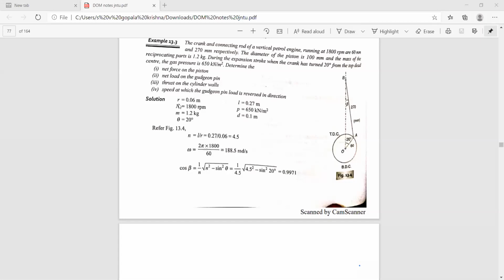Crank radius 0.06 meters, length of connecting rod 0.27 meters, speed 1800 rpm, P is the gas pressure, 650 kilonewton per meter square, m is 1.2 kg, and D is the diameter of the piston 0.1 meter, and theta is 20 degrees from TDC.